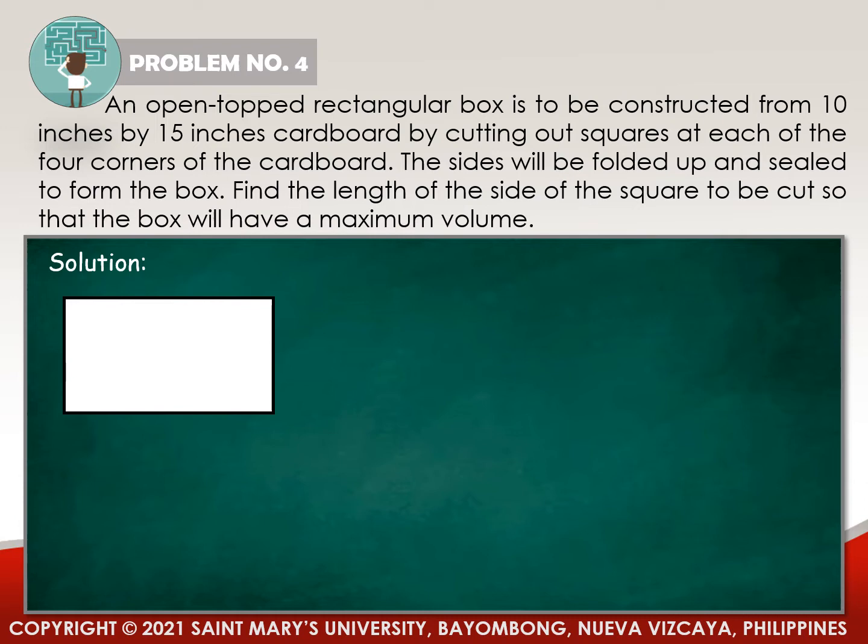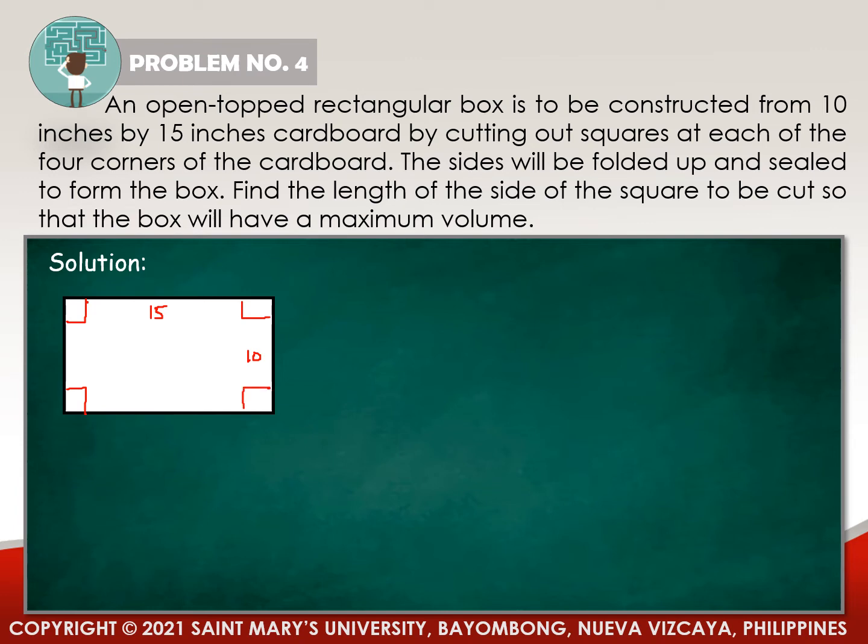Okay. So sabi sa problem, yung length daw ng box is 15 inches and ang width natin is 10 inches. Okay, it will be cut sa side. Yan, ikakat yan to form an open-topped rectangular box.